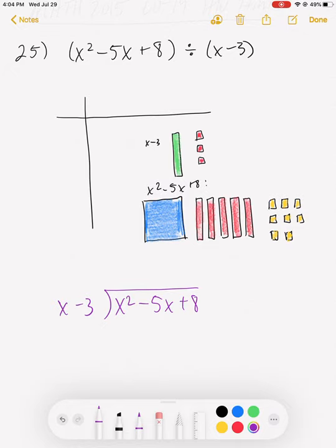But I chose the x minus 3 to be the horizontal dimension here. So I'm going to take my x minus 3 and put it up here. That's my x up there, but it doesn't fit horizontally, so I'm going to redraw that to be horizontal.